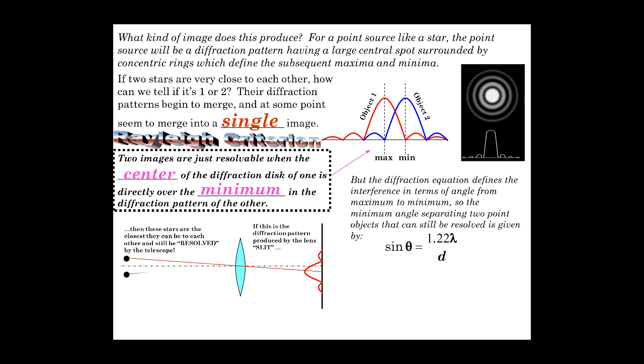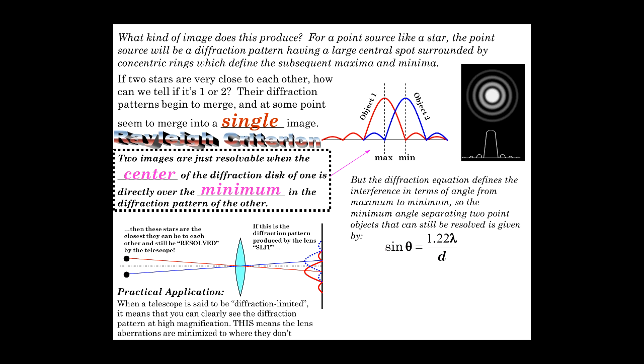Well, the other star can be here. You draw through the center, where you get the bright region here, and the minimum occurs right underneath the maximum of the first one. That is the Rayleigh criterion. It is that transition where you can say, yeah, it looks like it's two stars rather than just one. It's right at that transition point.